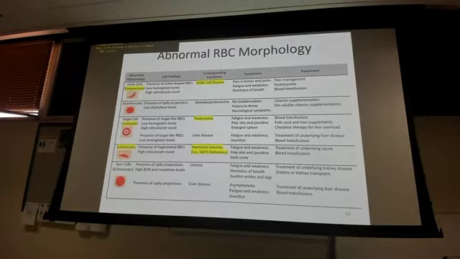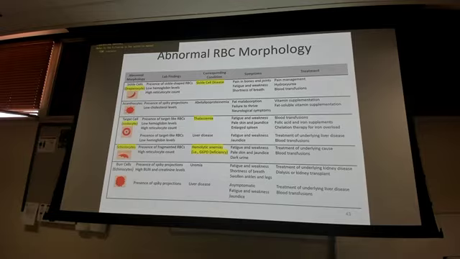Abnormal RBC morphology. With sickle cell disease, a lot of the cells will look like drepanocytes, but I think they look like little crescent moons, which is where that sickle cell name comes from. You have acanthocytes, which have these spiky projections coming off the red blood cells.